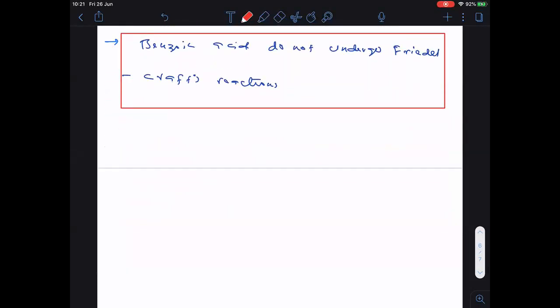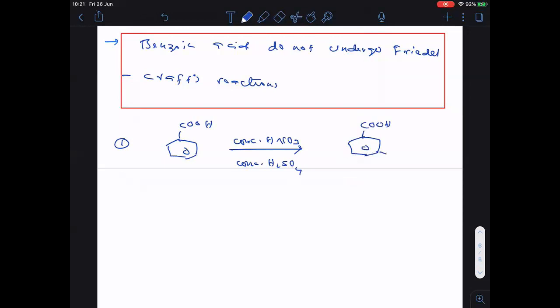Now to explain this one, let us take some examples. Some one or two examples we are going to see now. First of all, benzoic acid undergoes nitration with concentrated nitric acid and concentrated sulfuric acid. Then what will we get here? NO2 will go to the meta position.